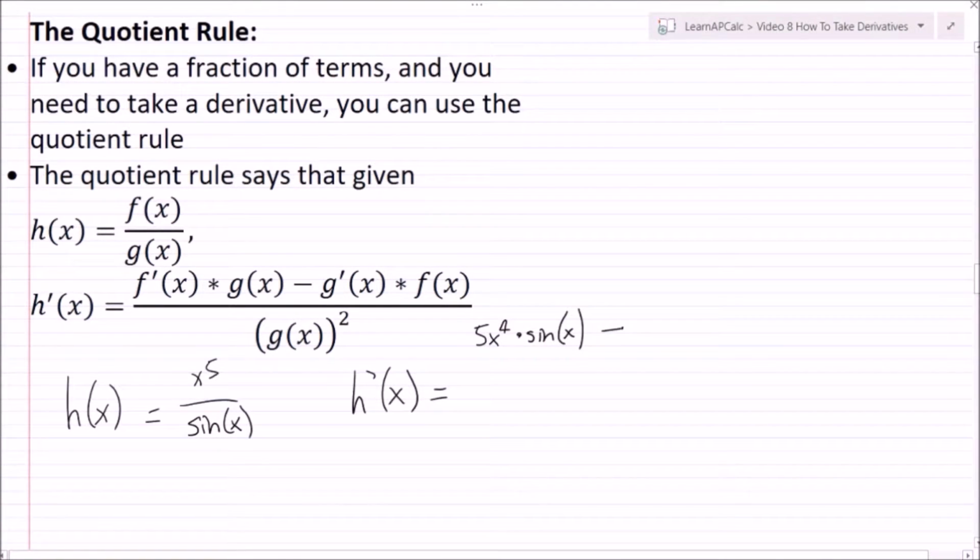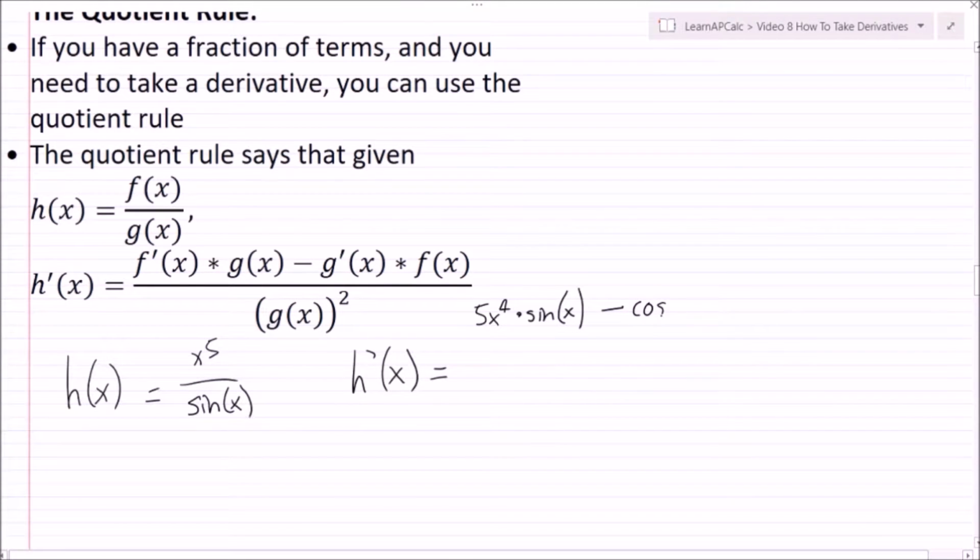We're going to talk about this later, but the derivative of sine is cosine, times the top, which is just x to the fifth, all over the bottom squared, so sine squared x. So that's all the quotient rule is. The derivative of the top times the bottom minus the derivative of the bottom times the top, all over the bottom squared.